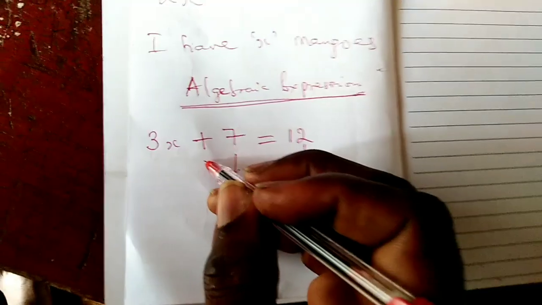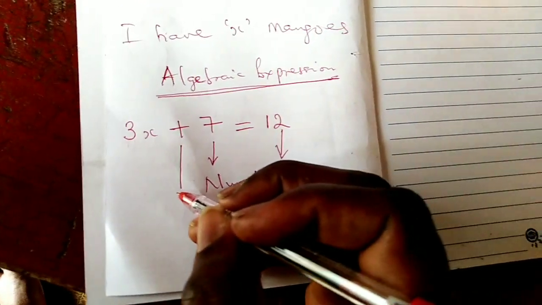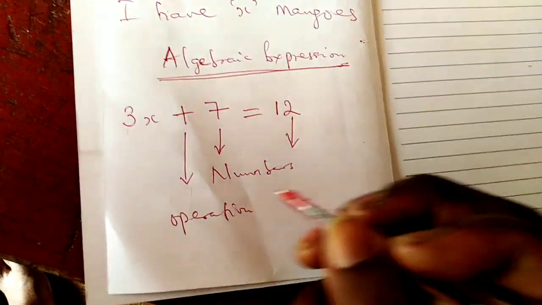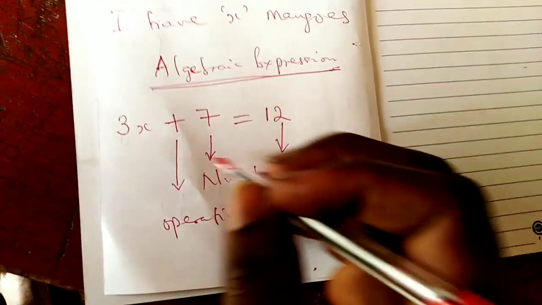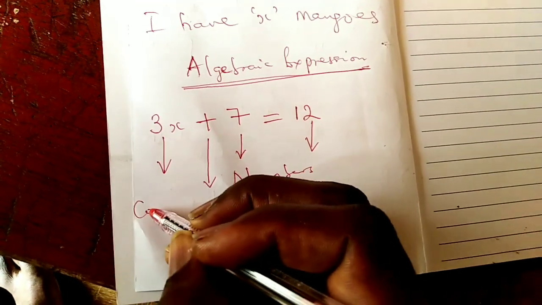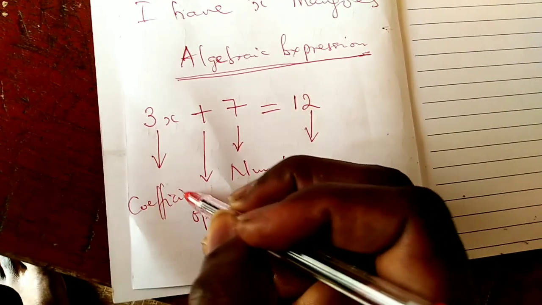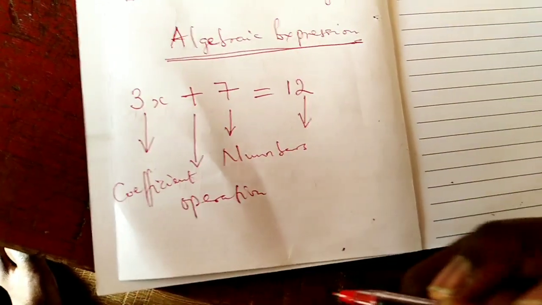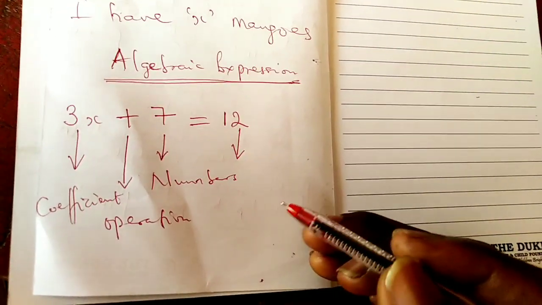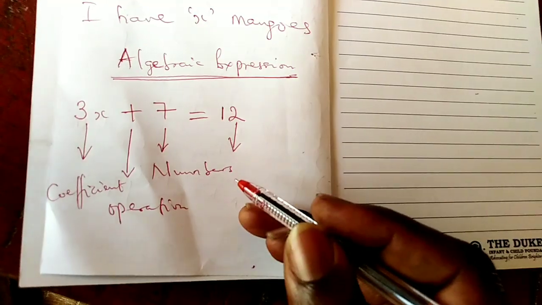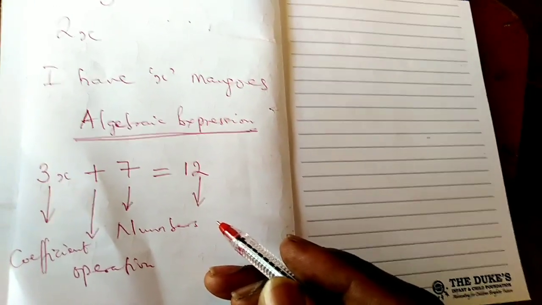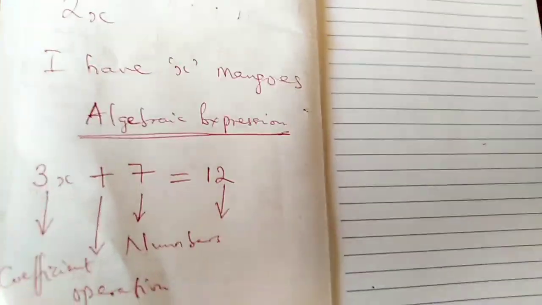Numbers. This is a mathematical operation. Are you seeing it? Alright, we call this a coefficient. So an algebraic expression combines numbers, letters, and a mathematical operation. So that is the meaning of algebraic expression.